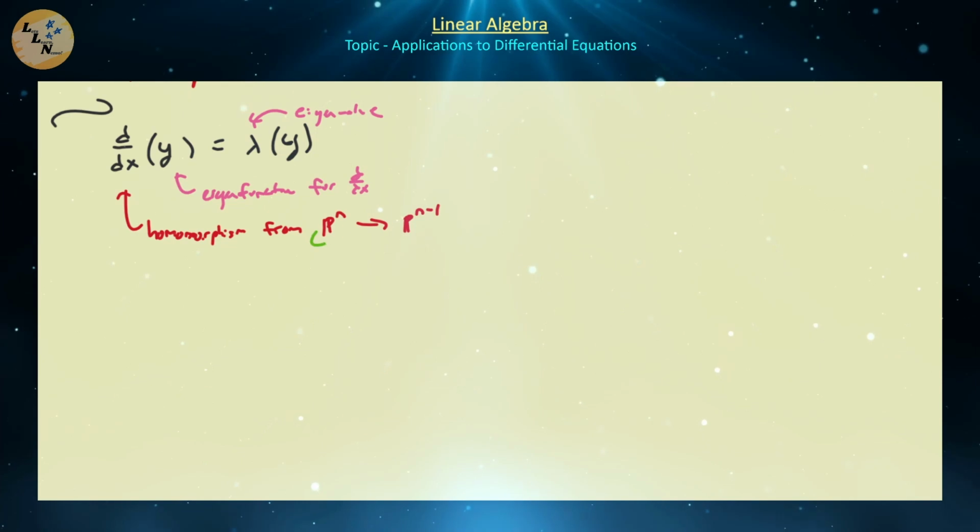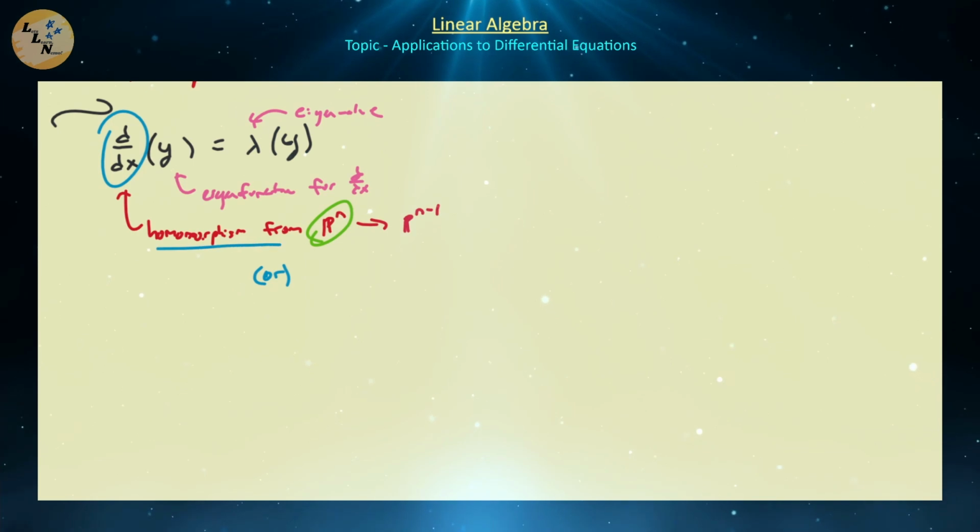Now, of course, Pn, the set of all polynomials, is not the largest class of differentiable functions. So what we're going to consider is the derivative operator d over dx to be a homomorphism from C infinity to C infinity, so it's going to be a larger class of differentiable functions.